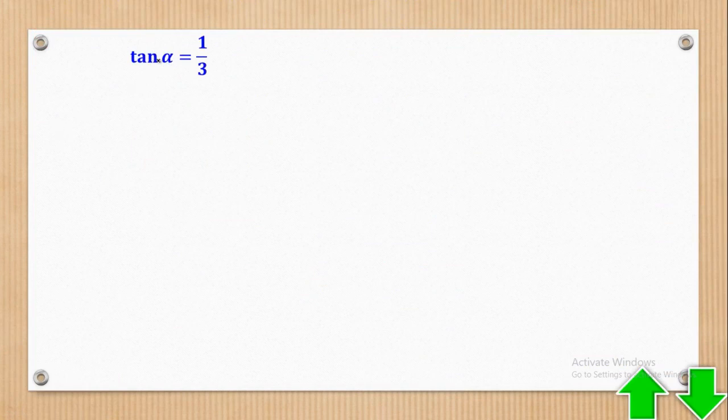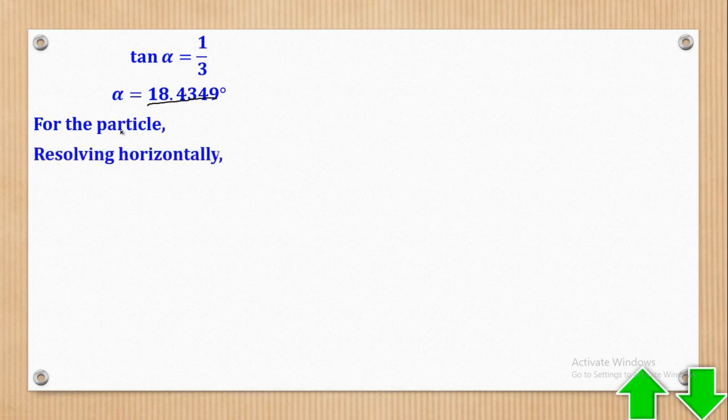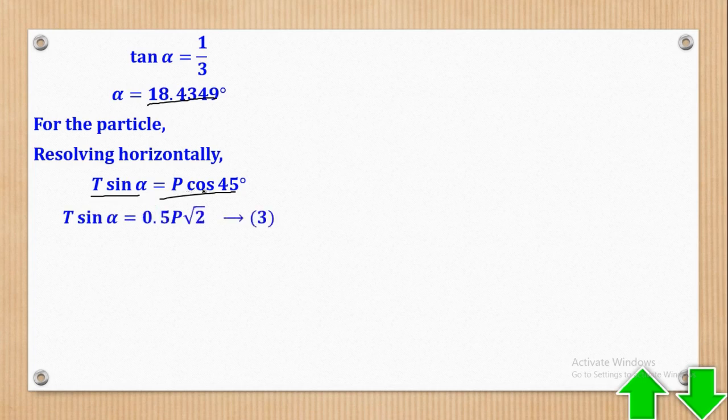So when I make tan alpha the subject, tan alpha will equal 1 over 3. Therefore alpha is 18.4349 degrees. Now that was for the ring. Now for the particle, you also have to resolve vertically and horizontally. So when I resolve horizontally, I'll come up with T sine alpha equal to P cos 45. But cos 45 is equal to root 2 over 2, which gives you 0.5 P root 2.